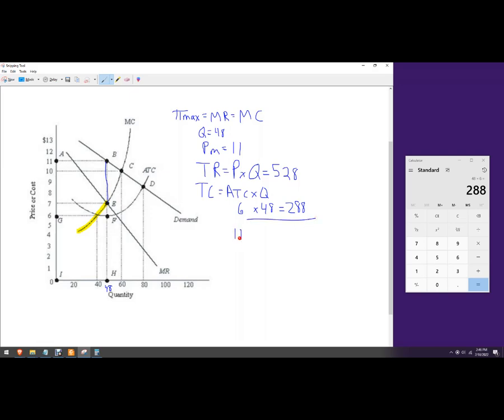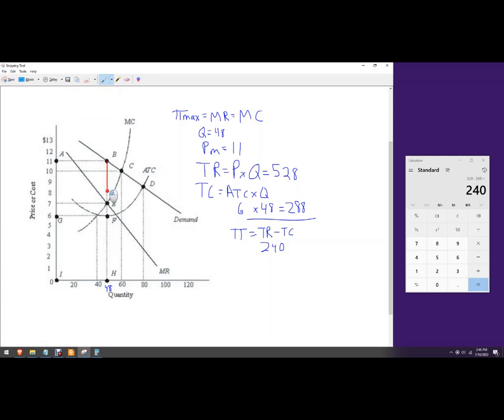Total profit is going to be total revenue minus total cost. So it's 528 minus 288, and that would be 240. So total profit is going to be 240. Alternatively, if you were just looking at the graph, we know we're going to produce this many units, and this is going to be our total revenue.